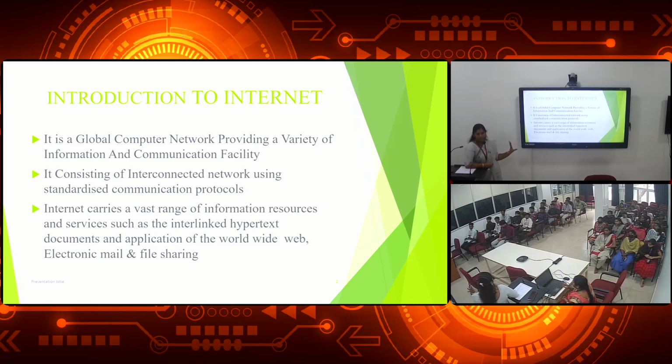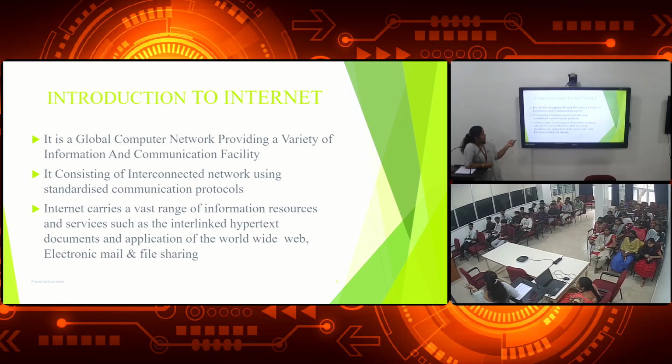So the internet carries a vast range of information resources and services such as interlinked hypertext. You know about that. What do you mean by hypertext? It looks like a link, a blue colored line below. With the help of that link, you switch over to the next web pages. You know very well about that.